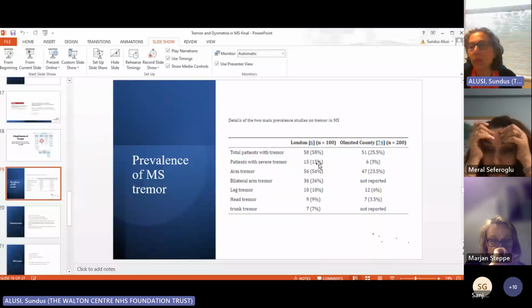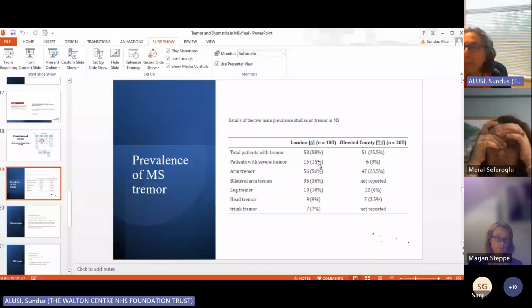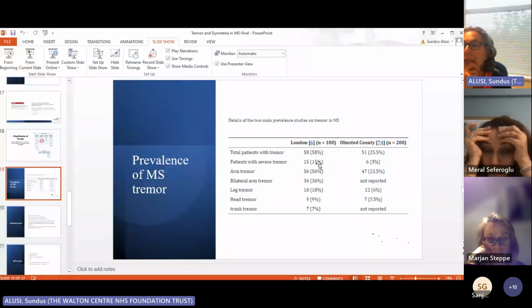So this is an MS unit. Remember, there's bias in selection, so they basically get all the chronic progressive ones, don't they? You know, the acute relapses are not going to present there. So there's a huge bias there. And then to have both sides affected, it was 36 out of those 58. Leg tremor was present in 10, which was actually quite shocking.